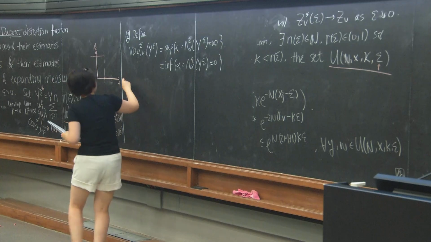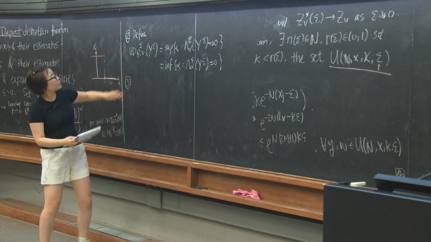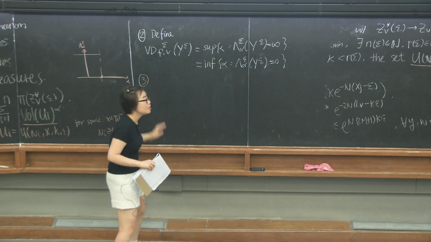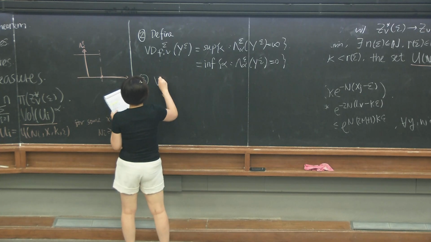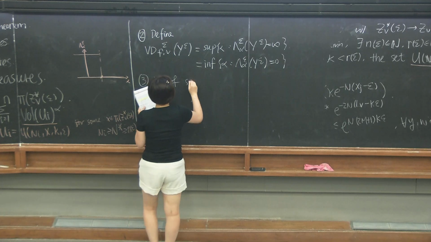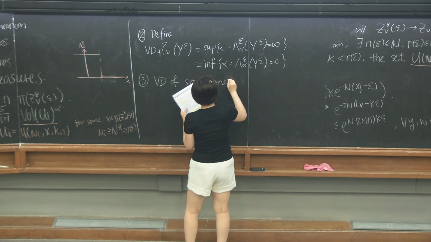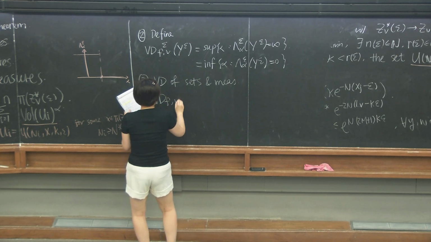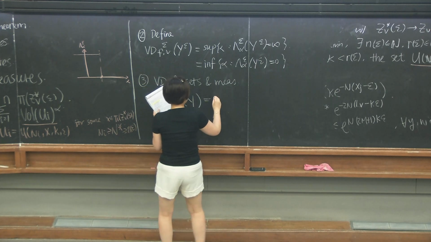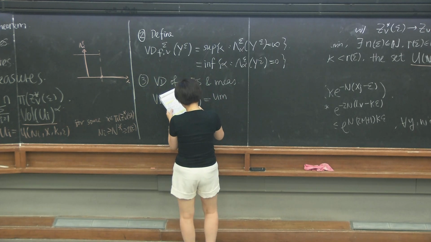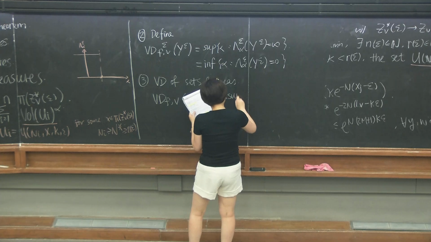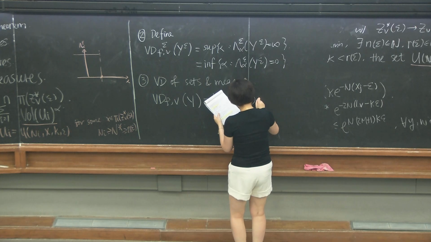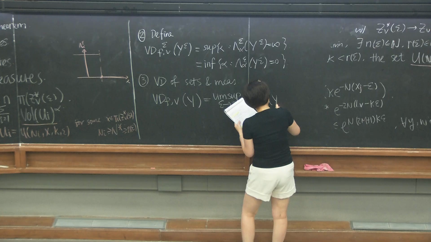And then what is the volume dimension, right? So volume dimension means, because now we're doing everything at level epsilon, you let epsilon go to 0. Okay, so volume dimension of sets and measures. Volume dimension of Y is going to be lim sup as epsilon goes to 0 of vd f nu epsilon Y epsilon.